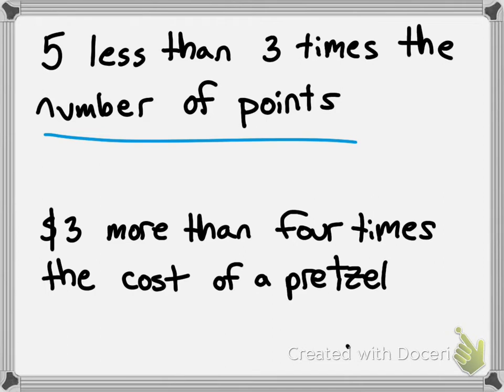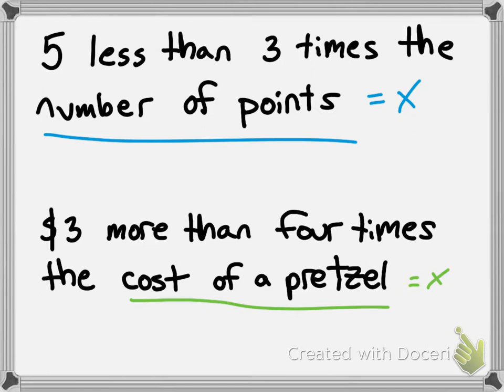We don't know the cost of the pretzel. So that's what we don't know, and those are going to be our variables. As Jalen mentioned earlier, we can use any letter to be the variables. I just like to use X just because it's easy to not get it mixed up with anything else. Some letters end up looking like different things.